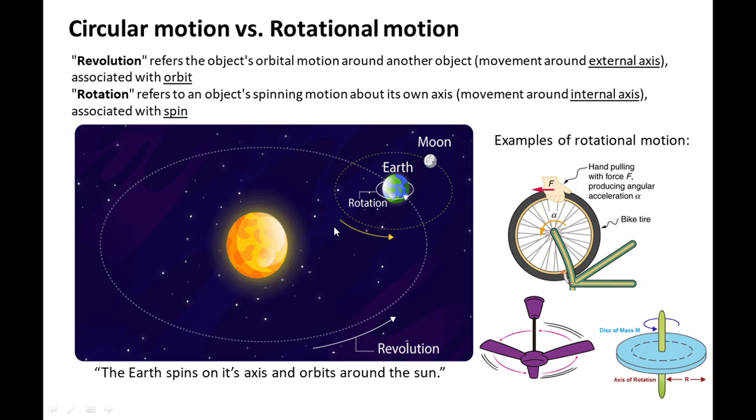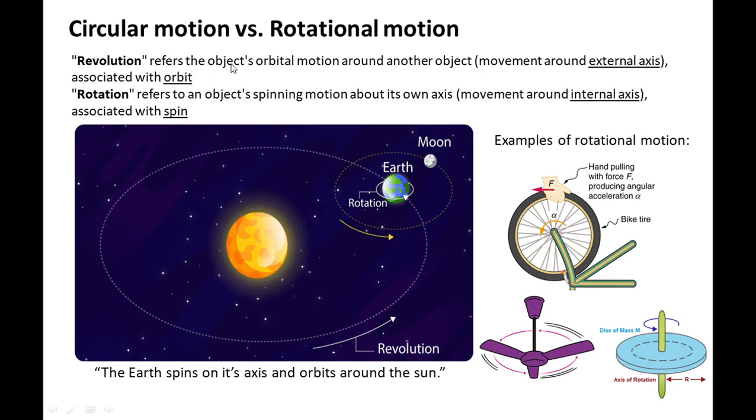So there is also an important note to have a difference between circular motion and rotational motion. So the most obvious example here of these different cases is the revolution and the rotation. So the revolution is an example of a circular motion.